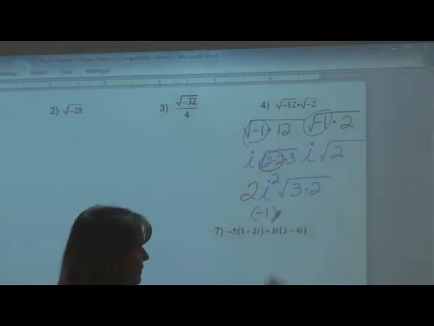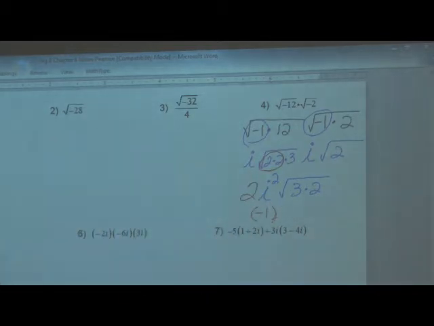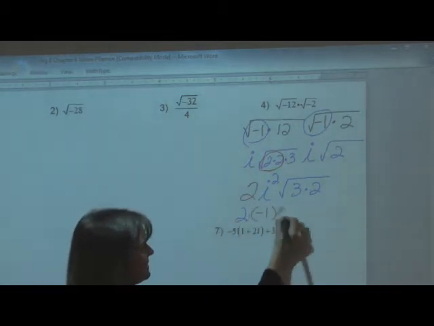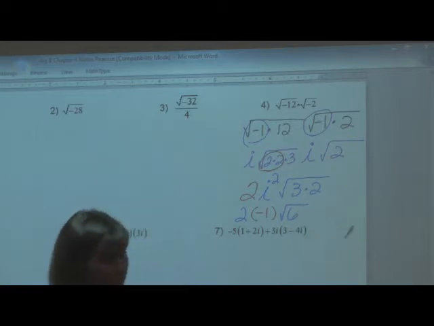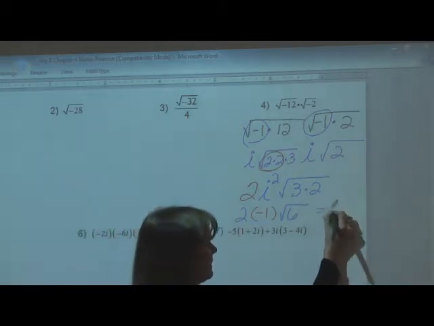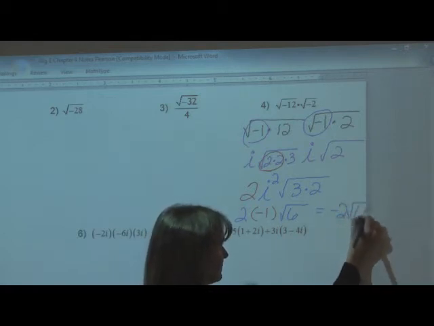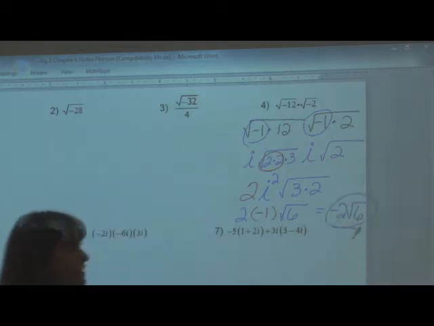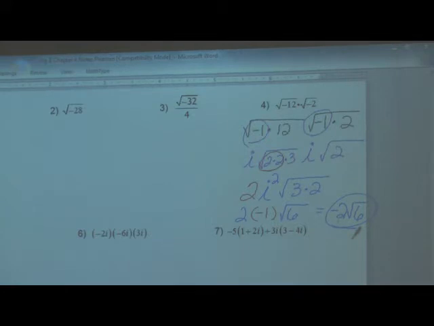So if i squared becomes a negative 1, then the numbers around it all maintain their same integrity. 2 times negative 1 is a negative 2, square root of 6, and that is your answer simplified.